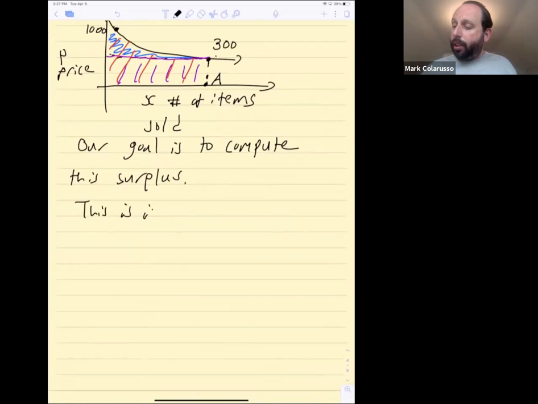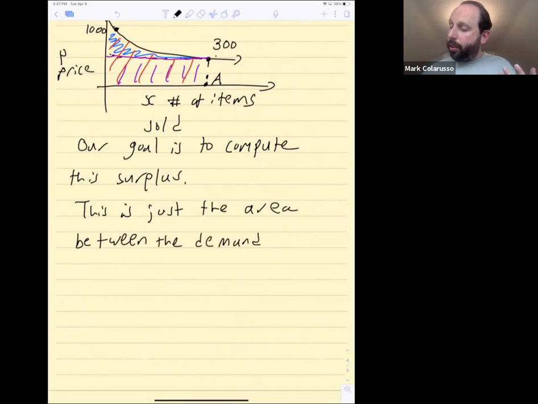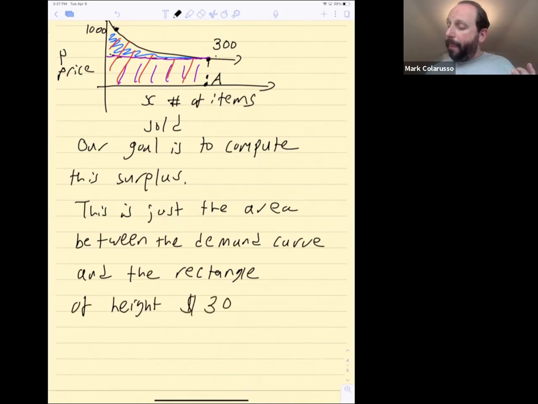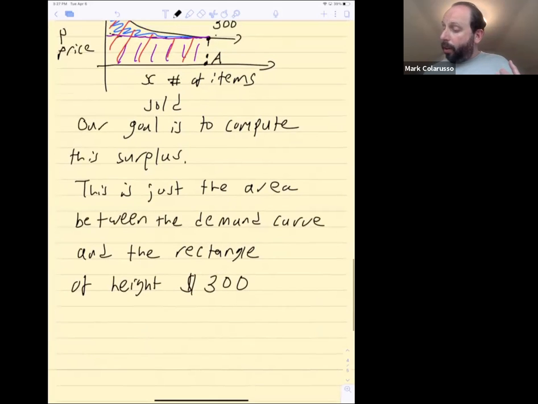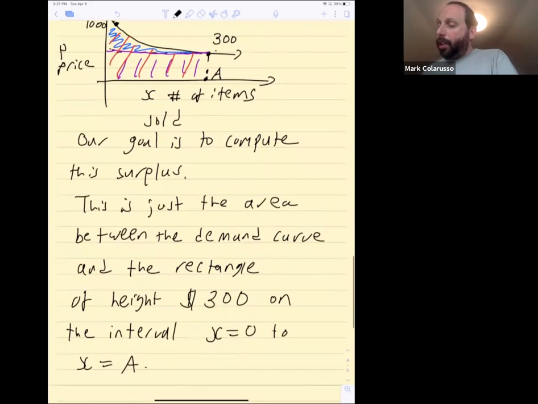So this is just the area between the demand curve and the rectangle of height, in this case, 300, on the interval x equals 0 to x equals a. Okay, and so we know how to do that.